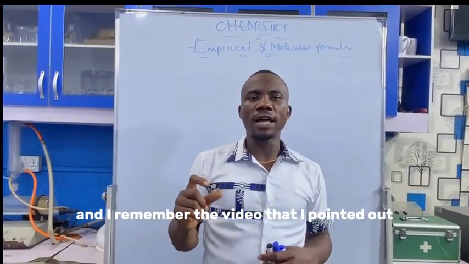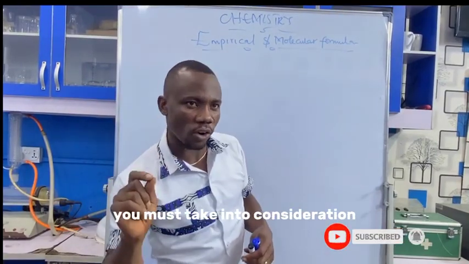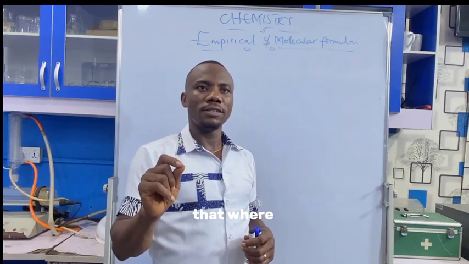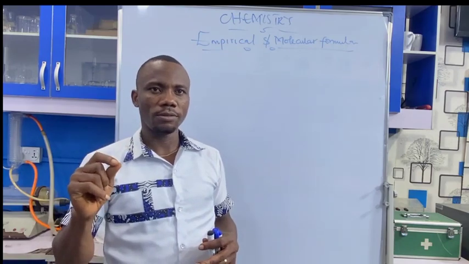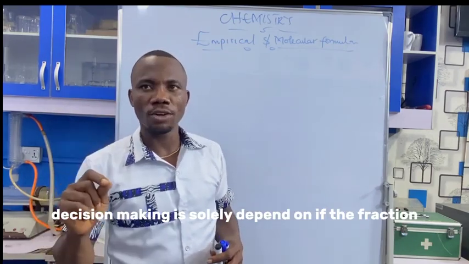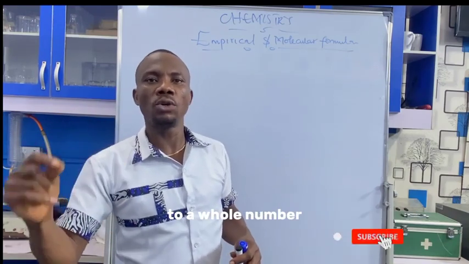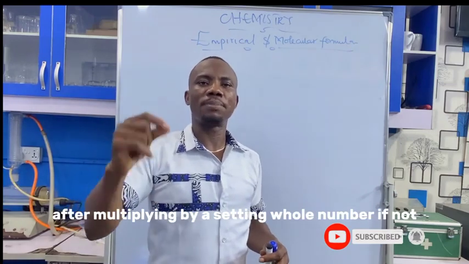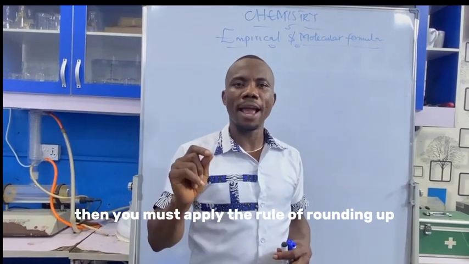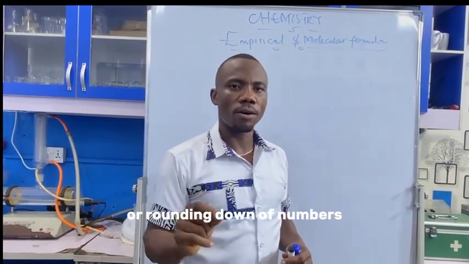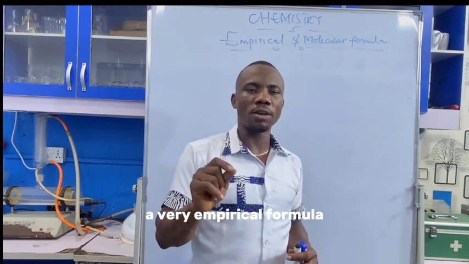I remember pointing out that where the ratio involves fractions, decision making depends on whether the fraction can be converted to a whole number after multiplying by a certain whole number. If not, then you must apply the rule of rounding up or rounding down. That will enable us to arrive at our empirical formula.